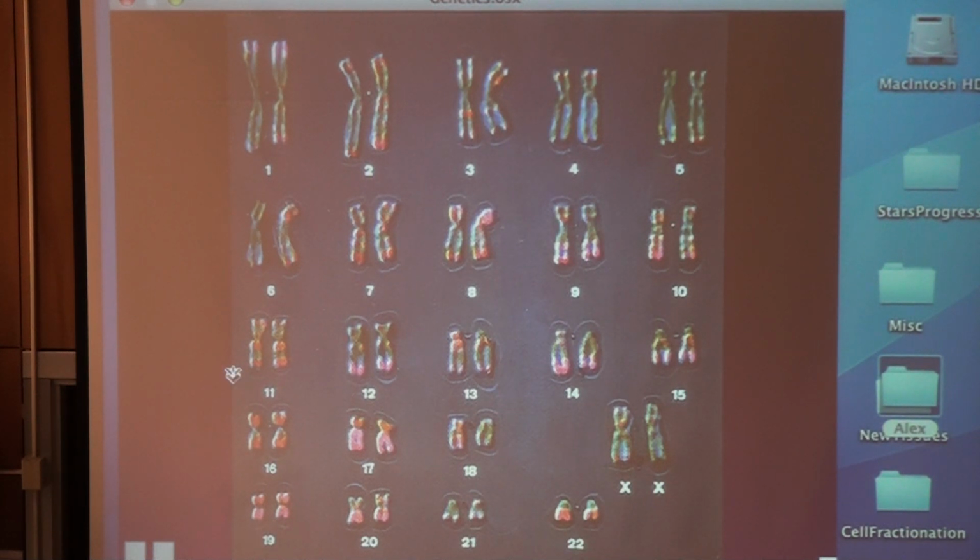The part I'm on now says autosomes and sex chromosomes. All right, so here is what's called a karyotype on the digital projector there. A karyotype just means looking at someone's chromosomes under a microscope.